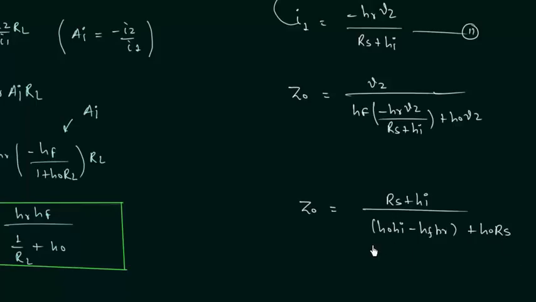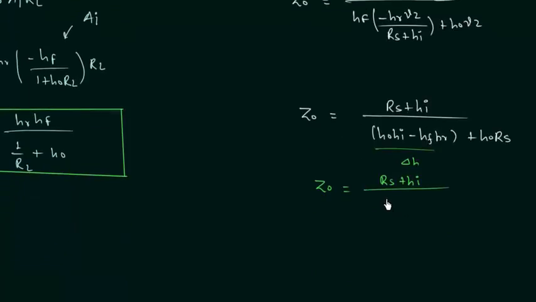And if you remember the last presentation, I told you HO Hi minus HF HR is equal to delta H. So we can write ZO is equal to Rs plus Hi divided by delta H plus HO Rs. So this is the final expression of the output impedance, and this is all for this lecture.